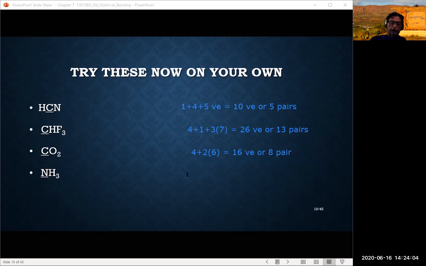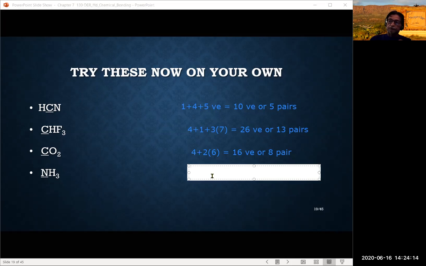And then let's do the last one, which is NH3, the formula for ammonia. Nitrogen is in group 5, so we got 5 valence electrons. There's 3 hydrogens, and each one brings in 1.